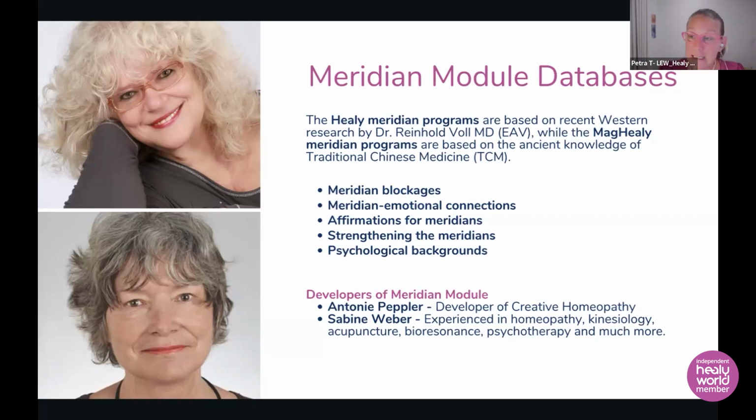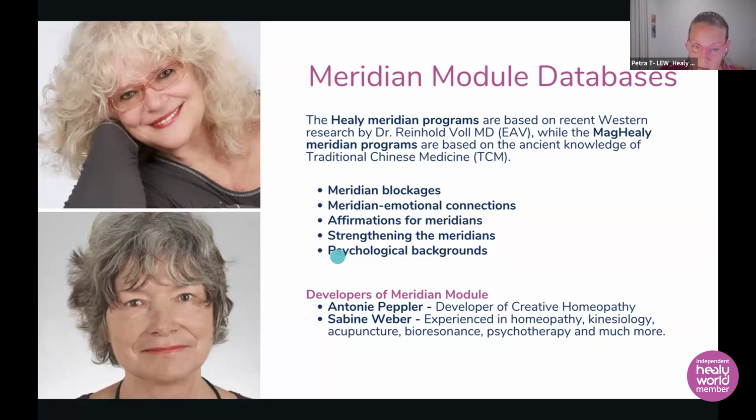But MagHealy in itself, the Meridian module, has different databases included. One is the Meridian blockages. The other one is Meridian emotional connections. The other one is affirmations for meridians. Then we have strengthening the meridians. Those are the exercises to tell you how to strengthen the meridians.